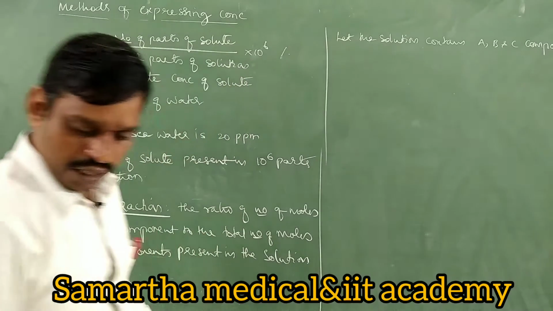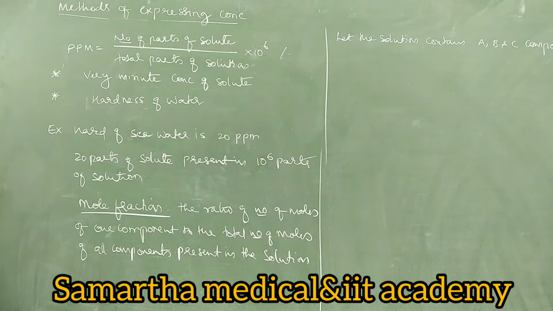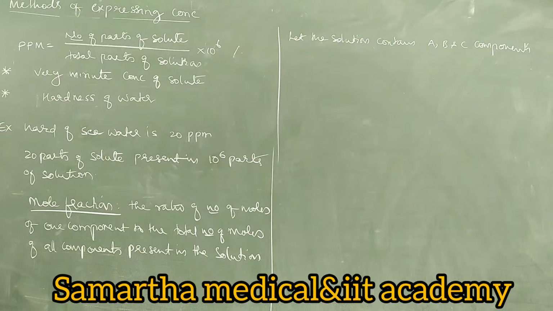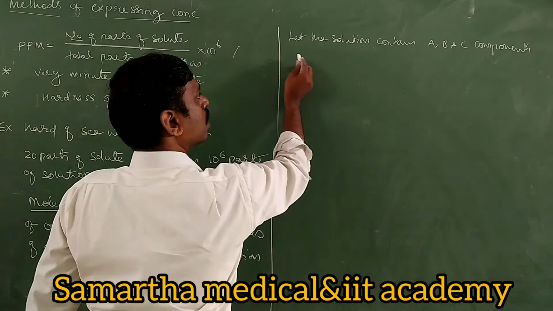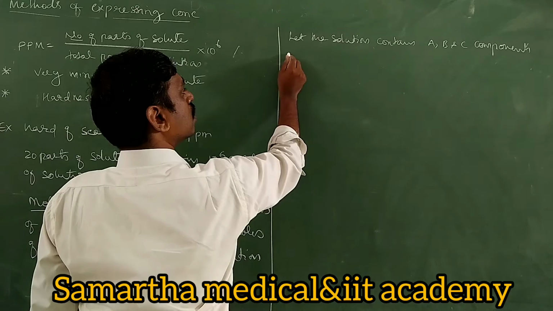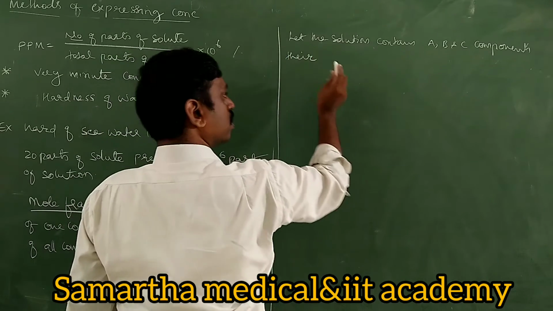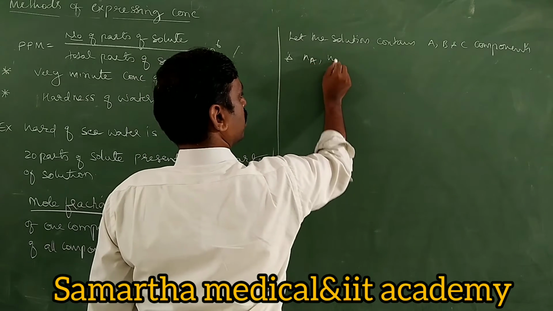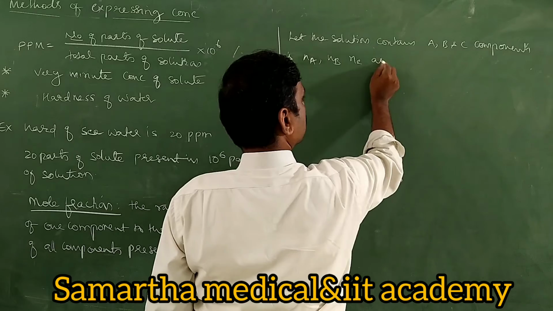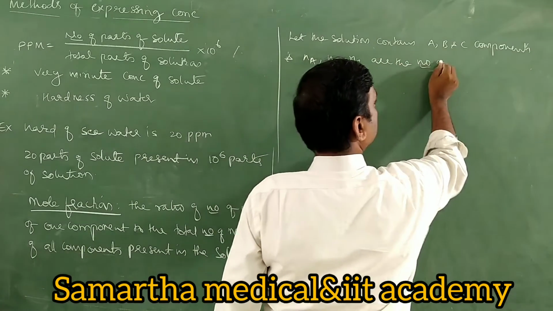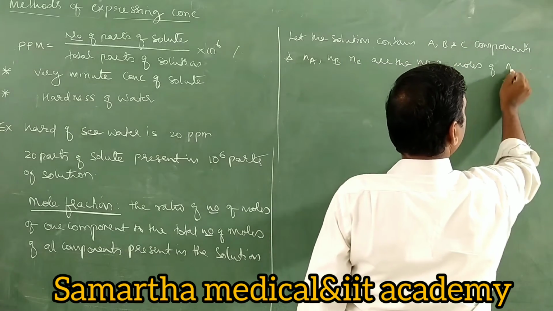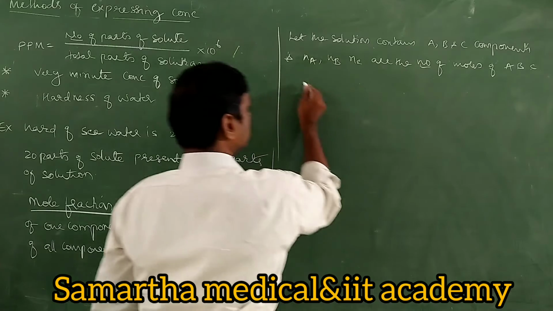Let the solution contain A, B, C components and their number of moles are Na, Nb, Nc, the number of moles of A, B, C components.